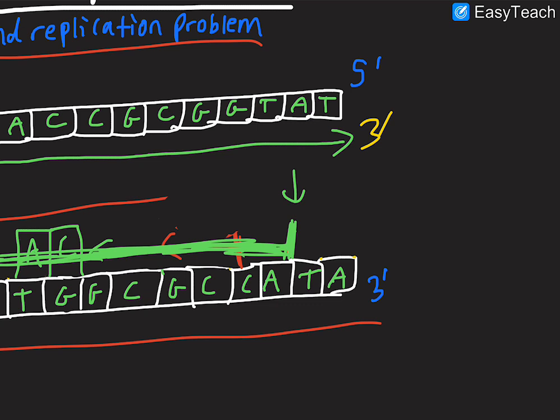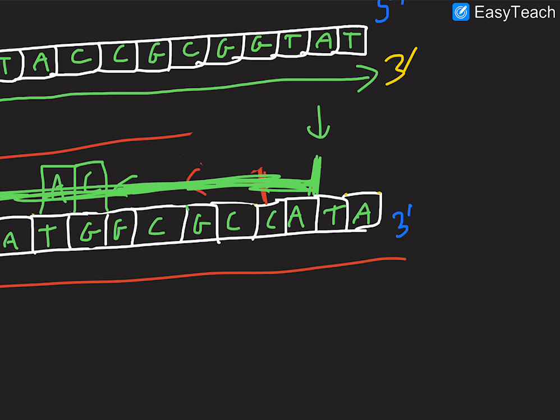So what telomerase does is it comes to the end, this 3' end, and it's going to have an RNA template with it. The RNA template it has is A, A, U, C, C, C. That's the RNA template that is in telomerase.